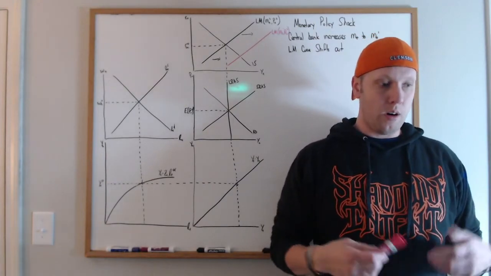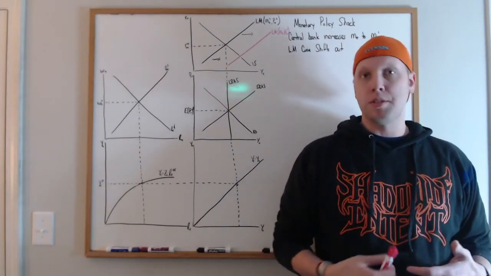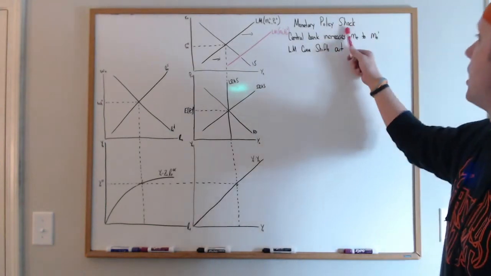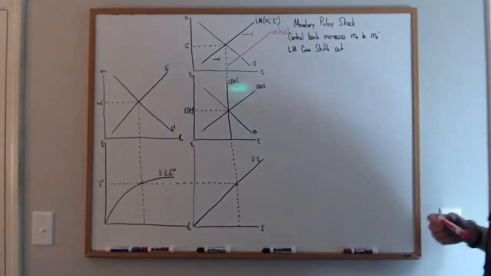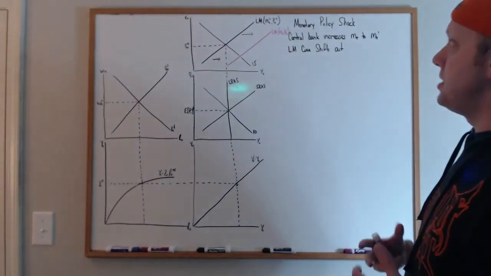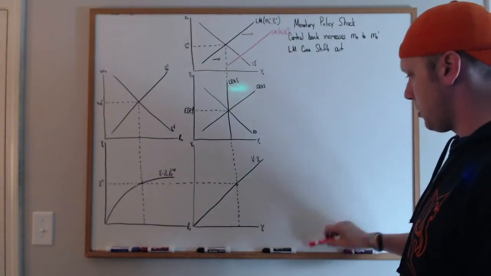All right, so if there's a monetary policy shock, it's a surprise, right? It's a shock, like in Casablanca, shock to find gambling going on here. It's a surprise, so the price level doesn't immediately respond.